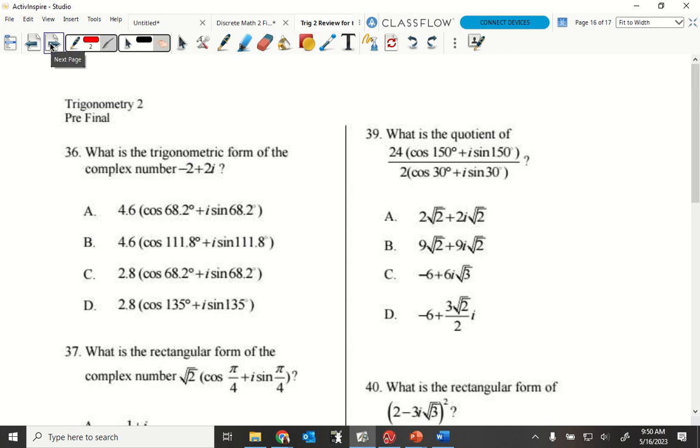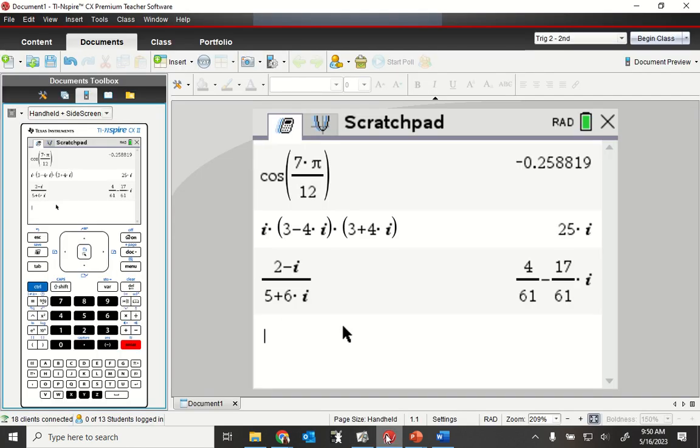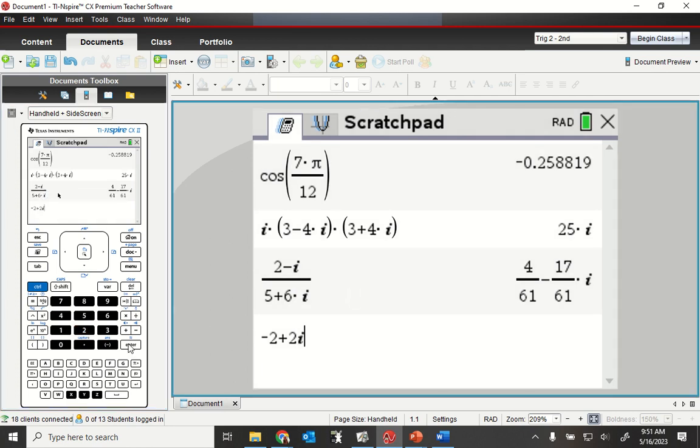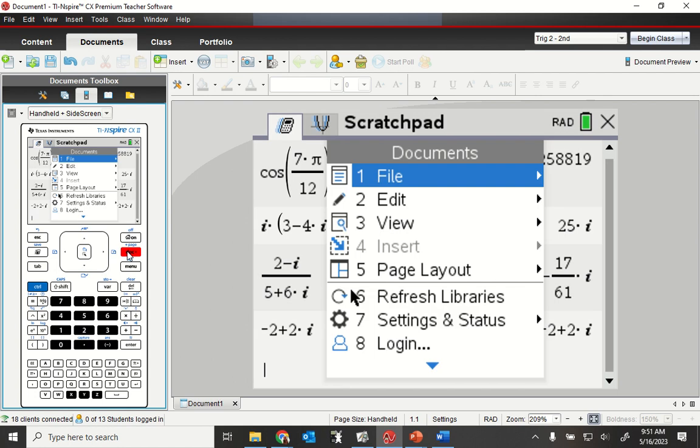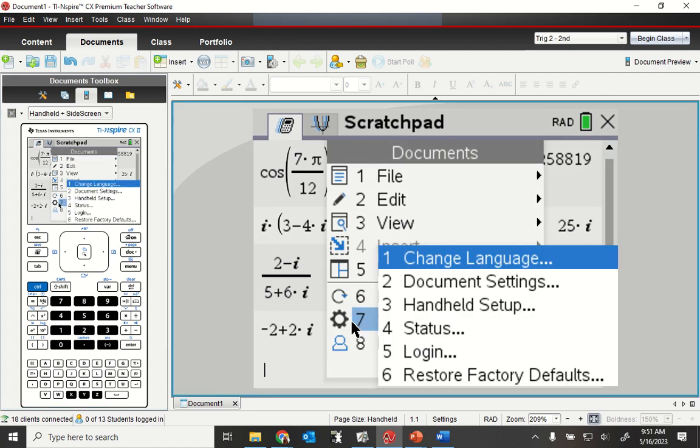Trig form. So let's go ahead and change this from my rectangular to polar. -2 plus 2i. I'm going to hit enter. And let's go back and change our modes. Settings.